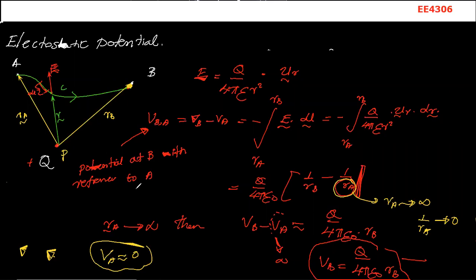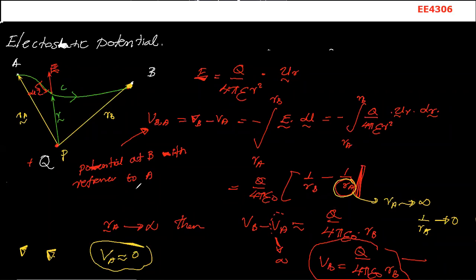To derive this equation, you have to select the 2 points and find the potential difference. With the support of this potential difference, you can express the potential at any point by moving the selected other point to infinity to set its potential to zero. If this point A is located far away compared with this point P, then the potential at point A becomes zero.